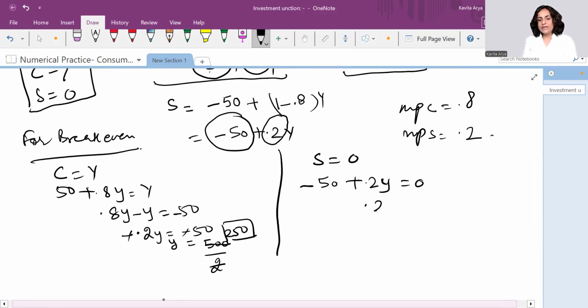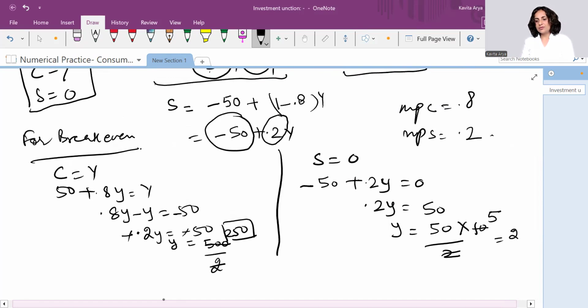I'll write 0.2Y is equal to 50, because 50 is transposed to this side and the negative symbol is converted into positive. Then 50 divided by 2 and multiplied by 10. So 2 fives are 10 and 5 fives are 25. So I get 250 as my answer, and this is the level of break-even.